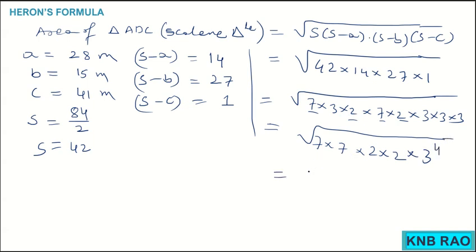So square root of a pair of 7 gives 1 7, a pair of 2 gives 1 2, 3 multiplied by itself 4 times gives twice 3 outside of the square root. Now the product of this, 7 into 2 is 14, 14 into 9 is 126 meter square. This is the area of triangle ADC.